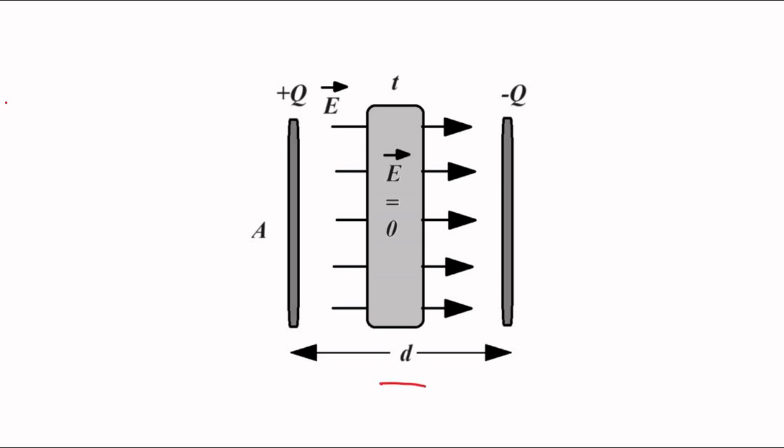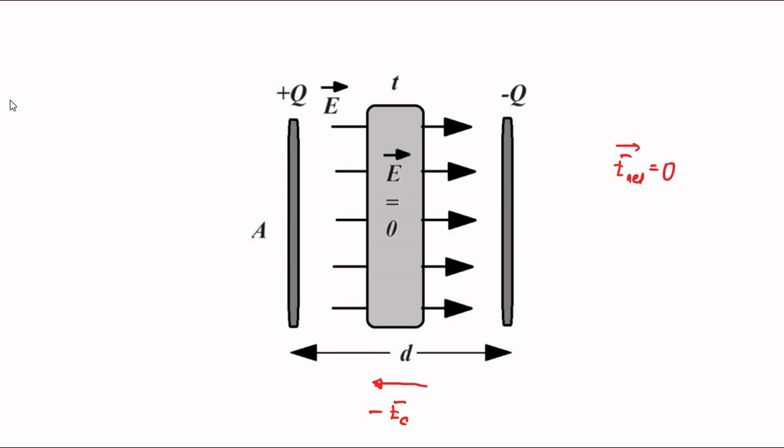The counter electric field will be negative to this E vector. As there are a lot of free charge carriers in a conducting slab, the net resultant electric field inside the slab will be 0.